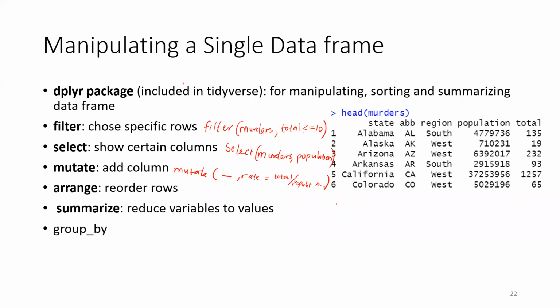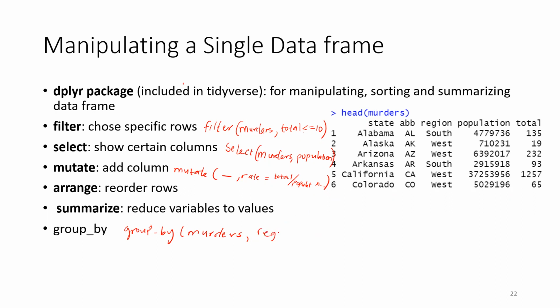The last function we're going to talk about here is the group by function. The group by function is usually used together with the summarize function. It just groups by a particular column. Since I'm not piping in the data, I have the data, borders, and then I'll say group by region.